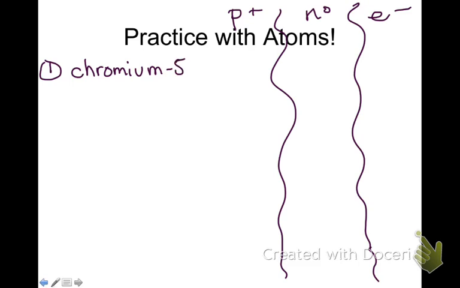And I want that to be chromium 52. And then I'm going to do, and then finally, let's see.